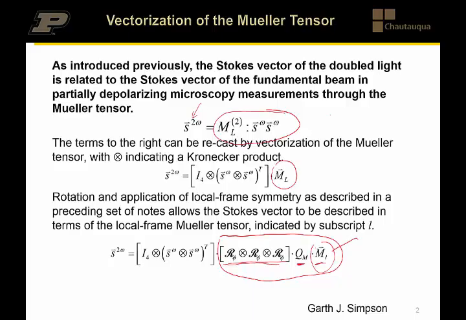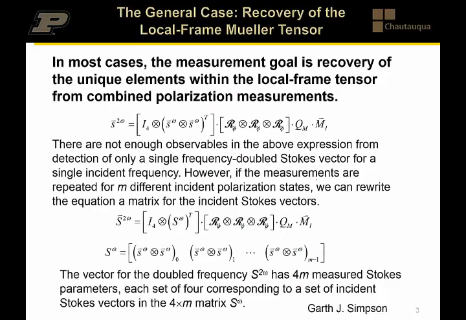The goal is to isolate and recover that unique non-zero subset using measurements of the Stokes vector as a function of the incident Stokes vector. So the goal is to isolate this, given these known quantities.